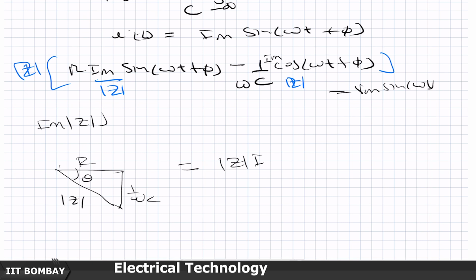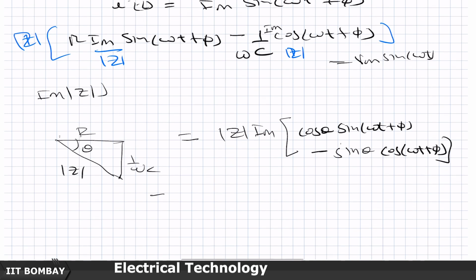So Z times Im, R by modulus of Z, I will write it as cos of theta, sine of omega t plus phi, minus 1 by omega C by the modulus of Z will be sine of theta, into cos of omega t plus phi.